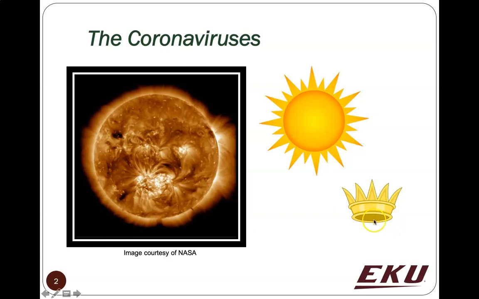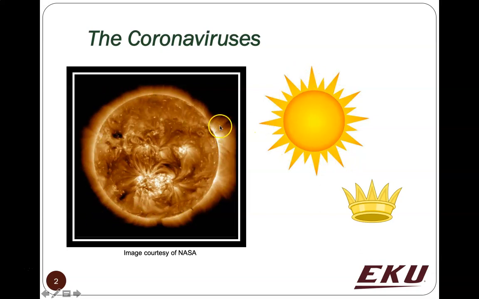We have a crown here that you might think of like a king or something like that. The word corona sometimes in certain languages may refer to something like a crown, and you can see how a crown has these spikes. And then the sun has a corona with these kind of spikes around it.